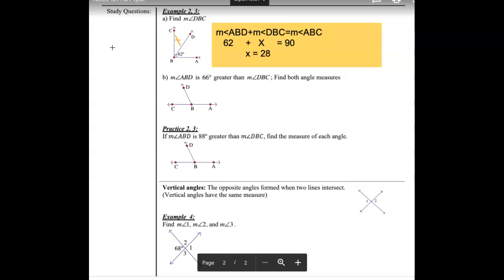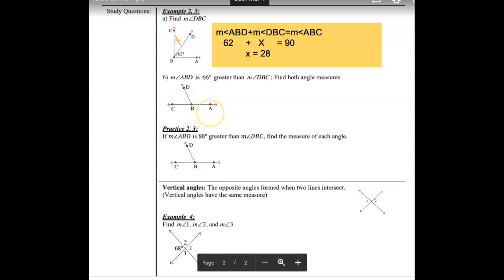And then moving forward, let's look at this one. The measure of angle ABD is 66 degrees greater than the measure of angle DBC. Find both angle measures. So kind of a lot going on in this one. First of all, this is a straight line. Just by seeing a straight line, I need to know it's 180 degrees.